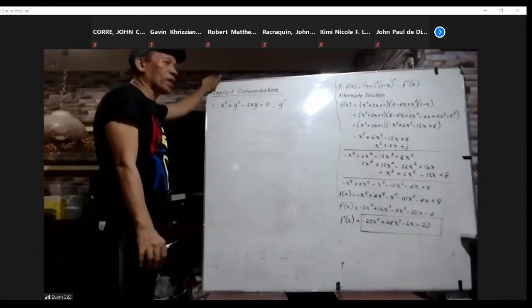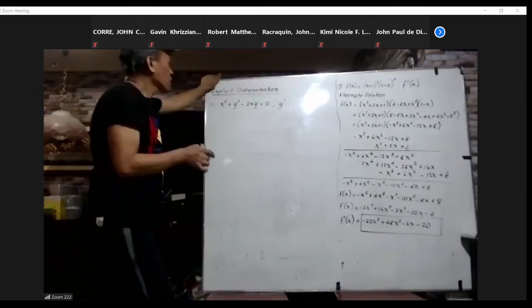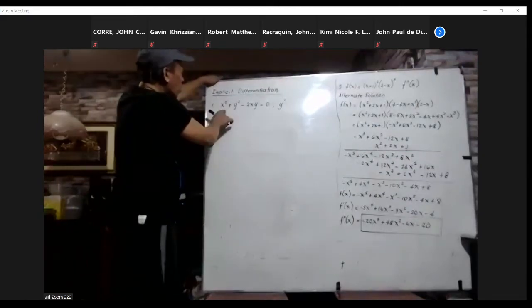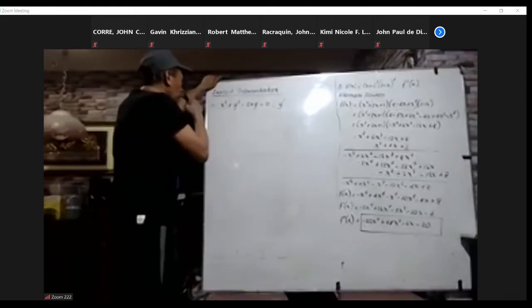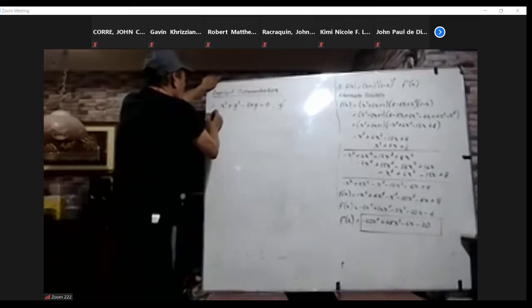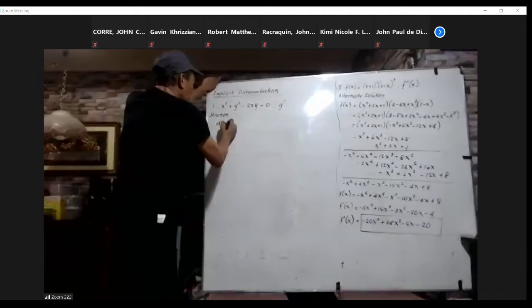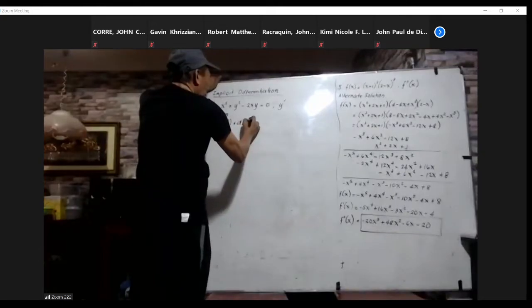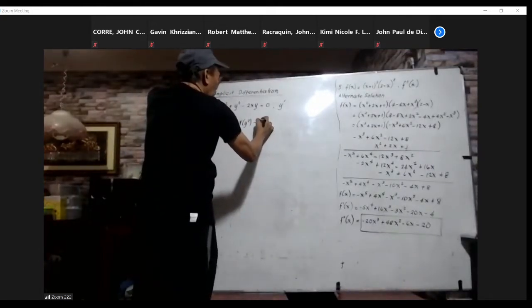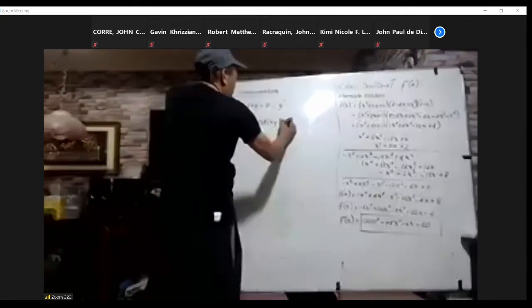Unang-una, i-derivative natin ang bawat variable in terms of x. Makikita nyo sa implicit differentiation, laging kasama yung y squared, kaya may variable na x and y. So, isulat ko muna: derivative of x squared, plus derivative of y squared, minus 2, ilabas natin ang constant, then derivative of xy equals 0.